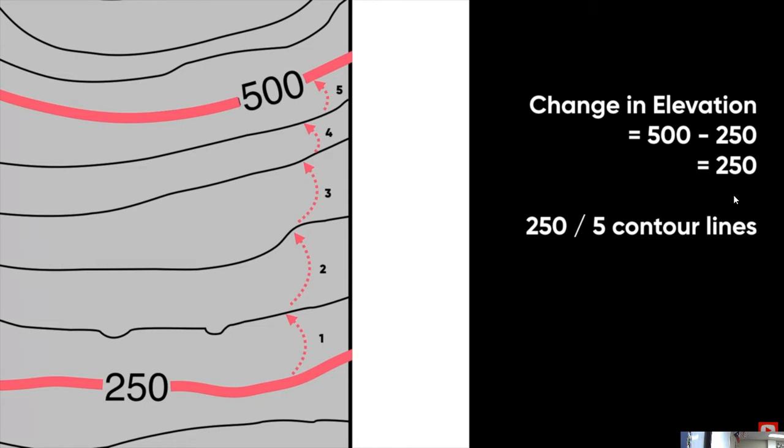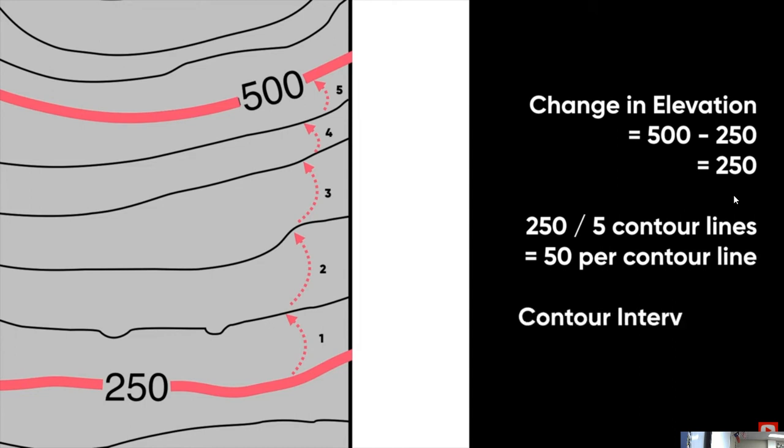Now I also know that there are 5 contour lines difference between them. And so if I divide that 250 change in elevation by the 5 contour lines, I get 50 per contour line. And so that means that my contour interval on this map is 50.